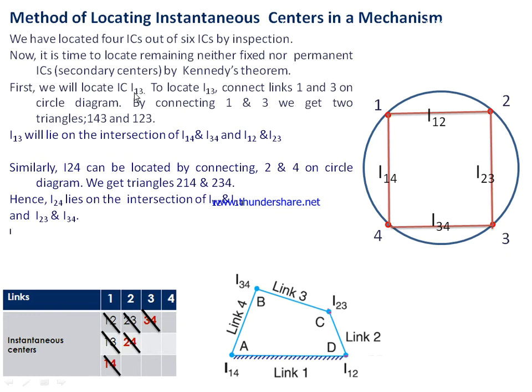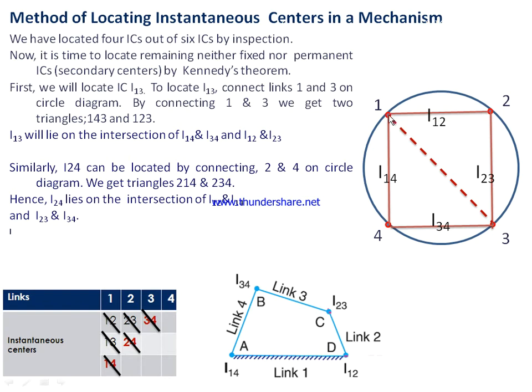How will it be located? In order to locate the instantaneous center I13, connect links 1 and 3 on the circle diagram. Now this should be a dotted or dashed line, because a dashed line means a neither fixed nor permanent instantaneous center.